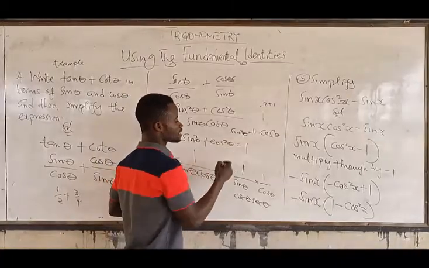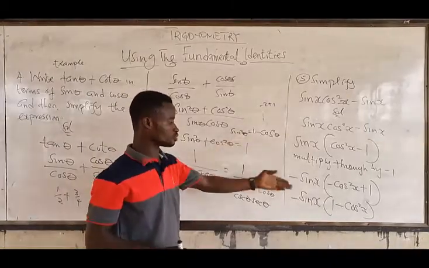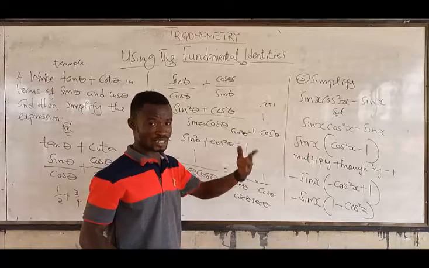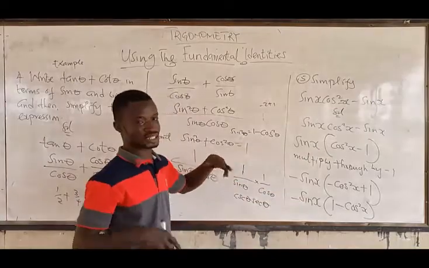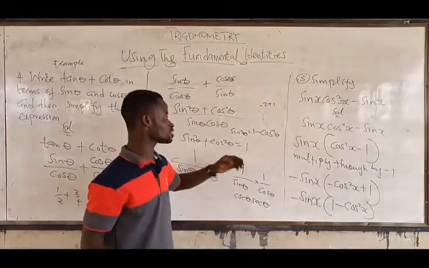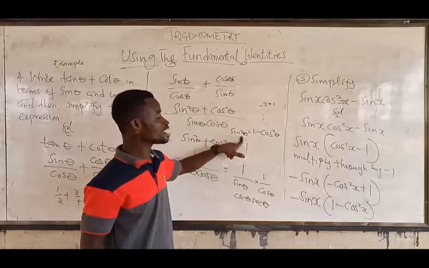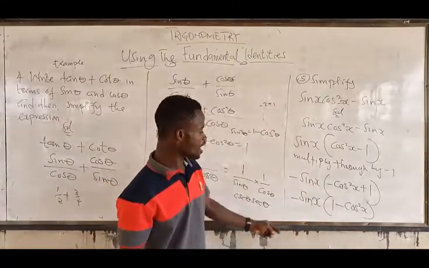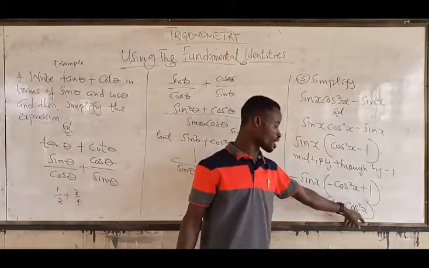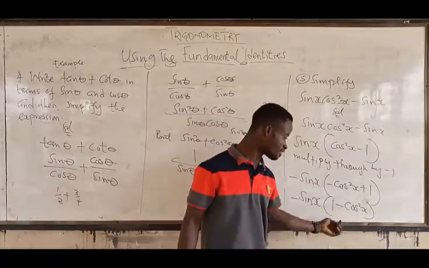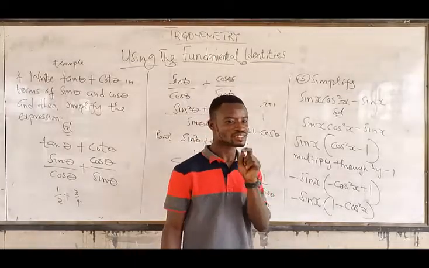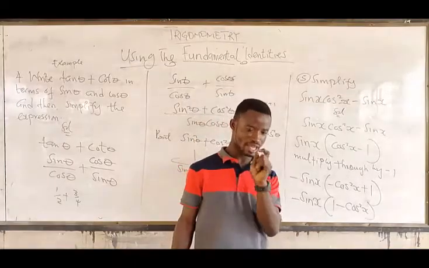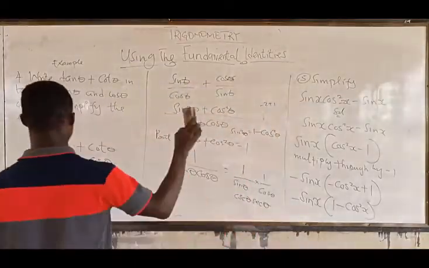So our sin square theta, I'm relating it to what I have here. So the argument will change. Here is x, here is cos. Here is theta, it doesn't change anything. So now, sin square theta is equal to 1 minus cos square. So here we have 1 minus cos square x. Therefore, the inside is the same as sin square x, because we are simplifying it.